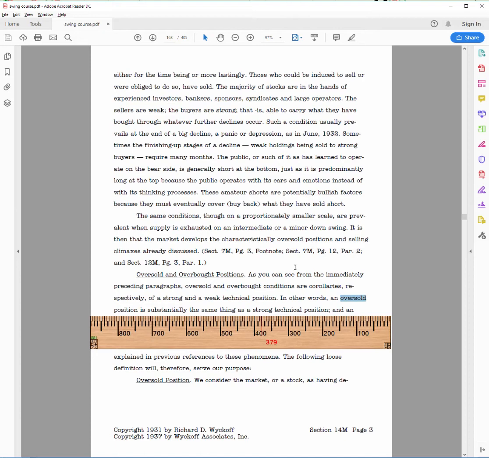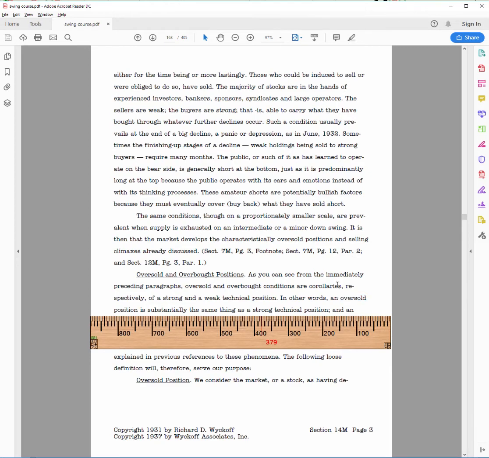Oversold here, or overbought, is when there is a transfer of inventory and liquidation has run its course, or there's a transfer of inventory into the hands of the public. Alright? And these things are identified by volume. They are not identified by a decline in price alone. So this is a key characteristic of oversold and overbought positions.